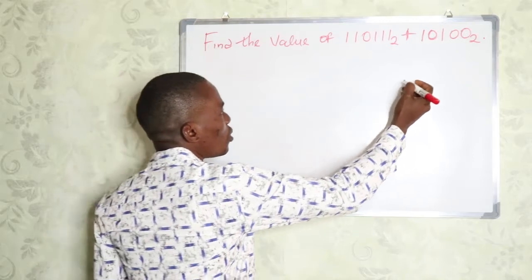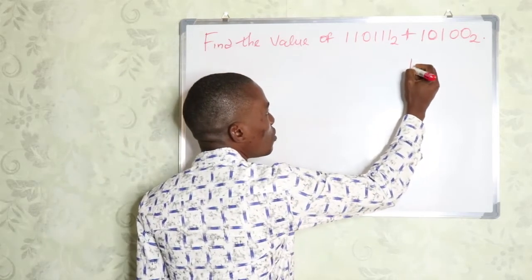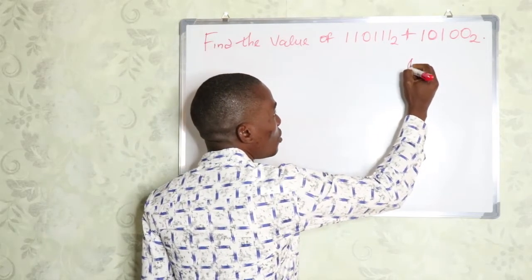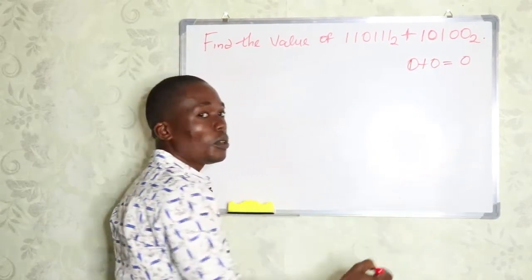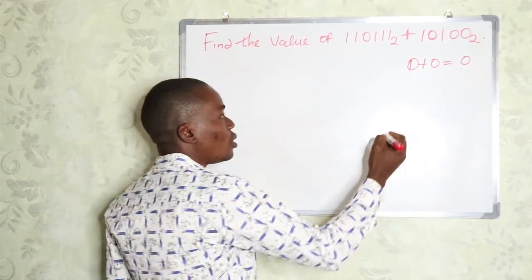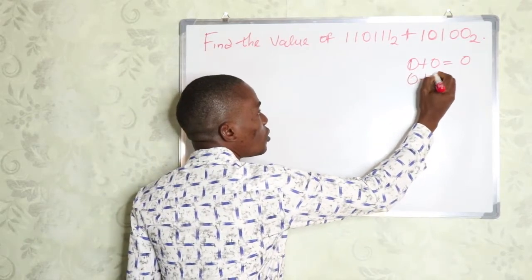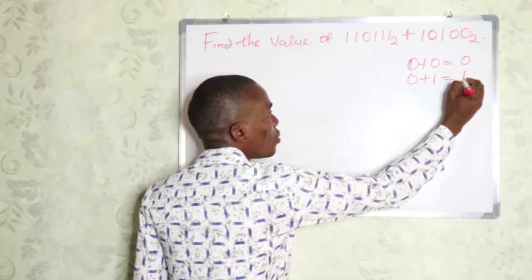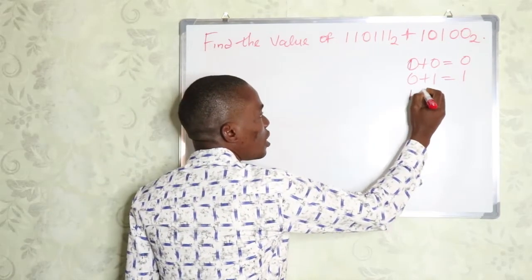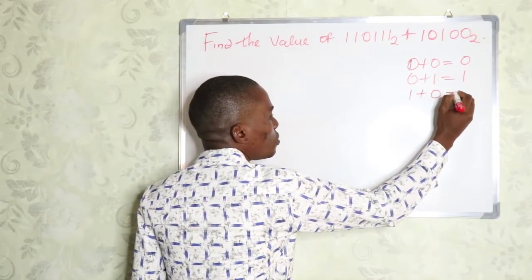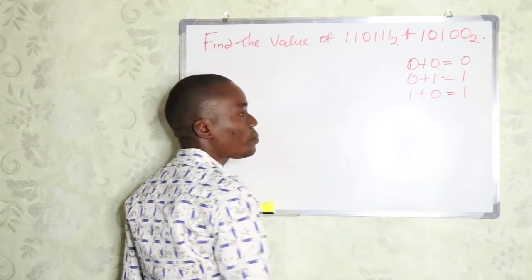In such a rule, we know that 0 plus 0 is equal to 0. We also have 0 plus 1 is equal to 1 under number bases, and 1 plus 0 should be equal to 1.